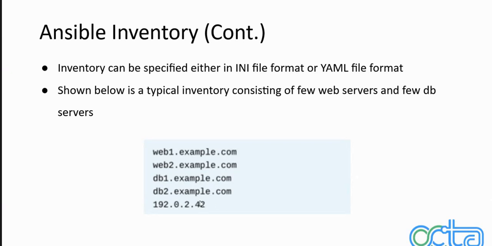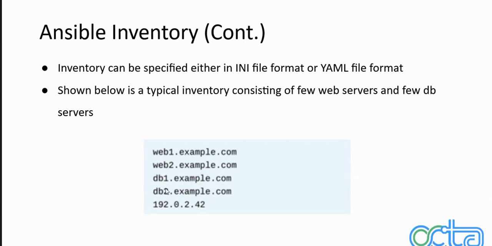While Ansible can make use of these details to go and connect to them, as a user, as an admin, you are not very happy because everything is dumped here. Suppose on web servers you want to perform one set of configuration tasks, and on database servers a different set.